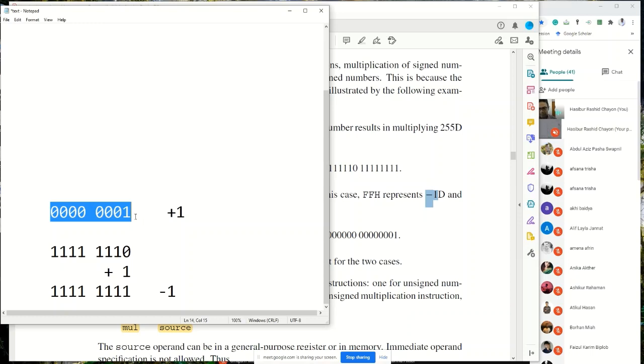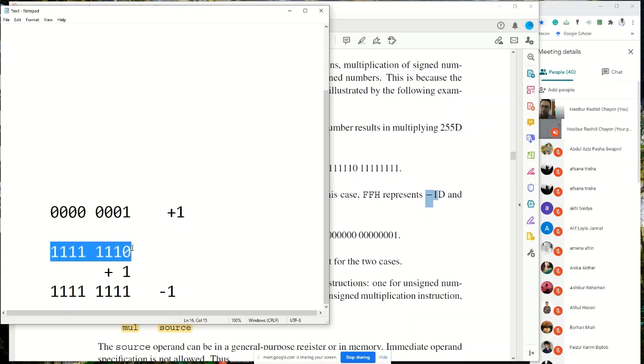After having the 8-bit number, we take its 2's complement. That means convert 1 to 0 and 0 to 1, and then plus 1, and then we have our 2's complement. And this is actually the negative of this number. So that's why all 1s in 8 bits we can consider as -1 if we think it is a signed number.